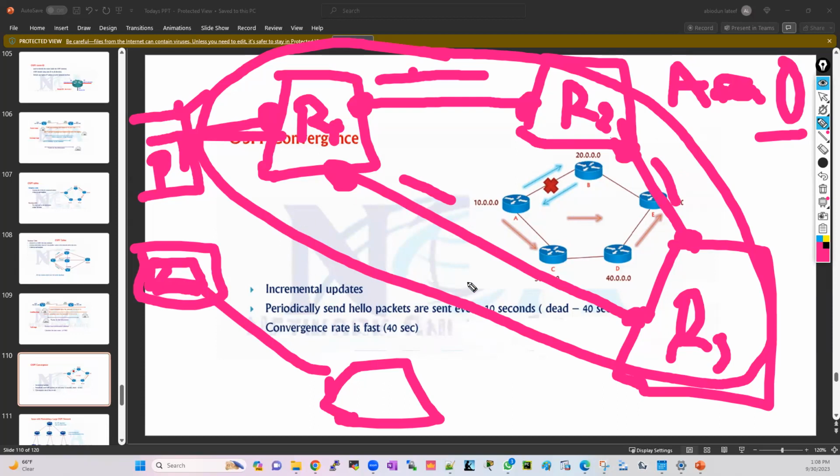Another thing we need to know is just the theoretical part of it. Between these routers, there will be a leader and a deputy. Why the leader? Why the deputy?